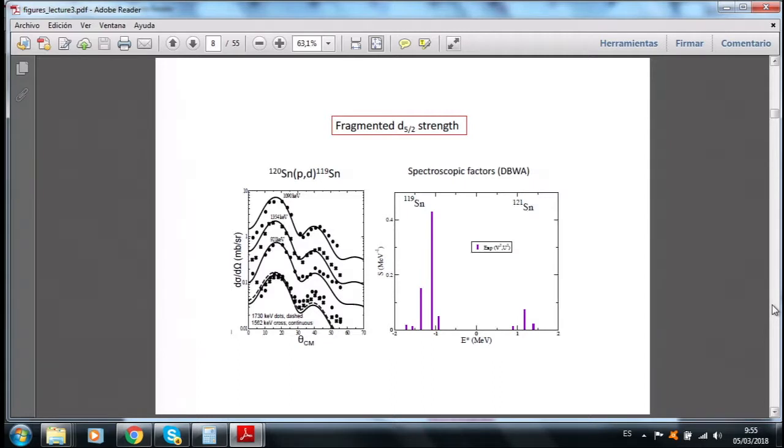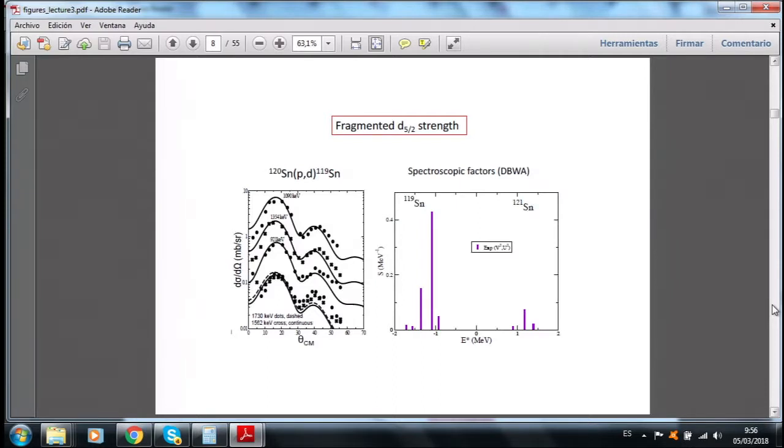But something smaller, maybe not so much, a factor of 5, you also populate this other state at 1.3 MeV. Then with an order of magnitude smaller intensity, you populate a state at 0.9 MeV. And here you have other states being populated even less, but still measurable, at 0.7 and 0.6 MeV. Well, this is the so-called fragmentation.